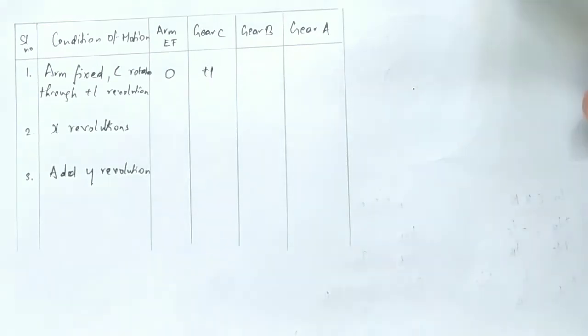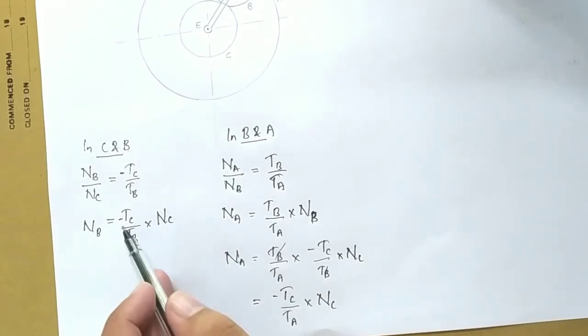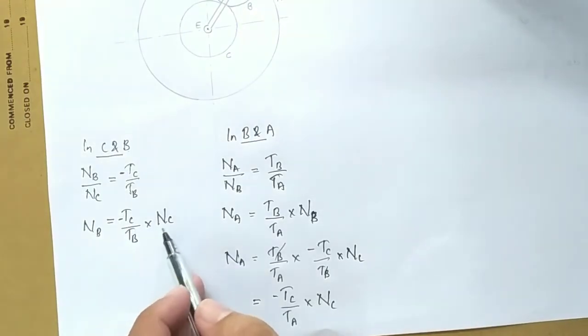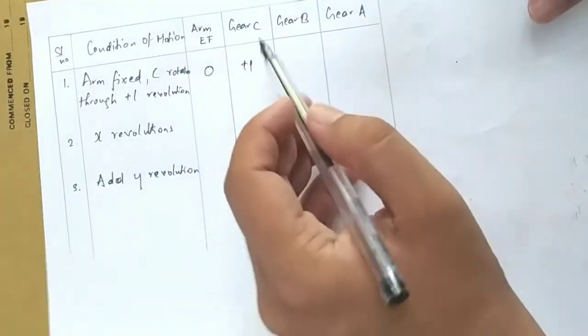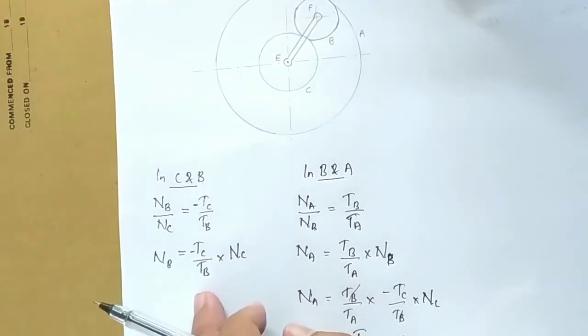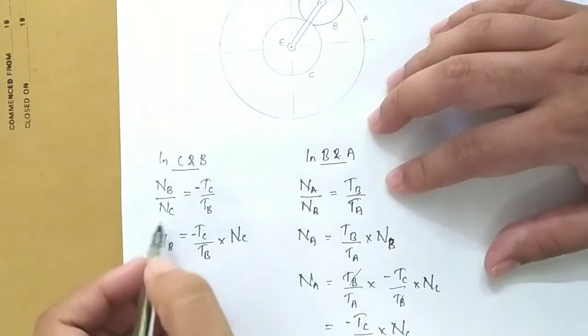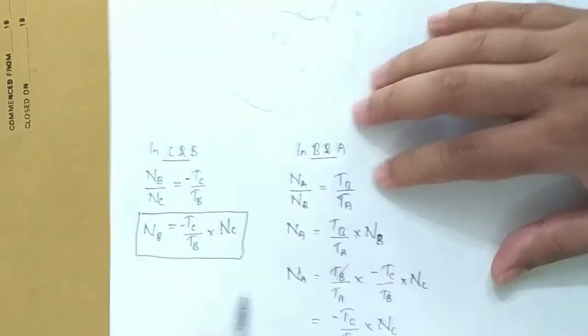What is the speed of gear B? If you check here, NB is equal to minus TC by TB into NC. But what is the speed of C? C is 1, so you can write here this value as 1. So just TC by TB, you can put inside the box, because these are the important speed ratios you require.